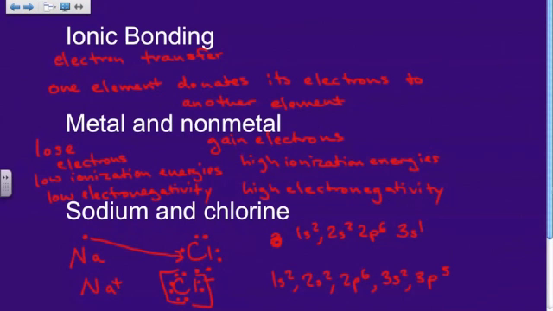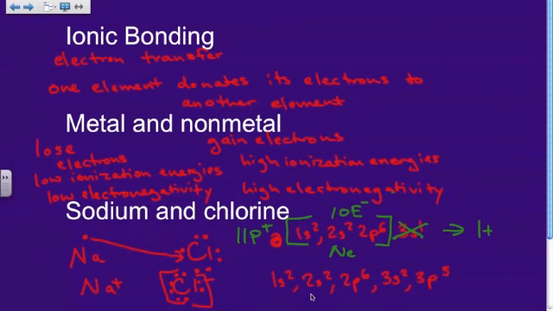So by taking away that 1 electron from sodium, it now has the same configuration as neon. However, it still has the same number of protons, 11 protons, now 10 electrons. Protons being positive, electrons being negative, 11 positives, 10 negatives, gives us a net charge of 1 plus.